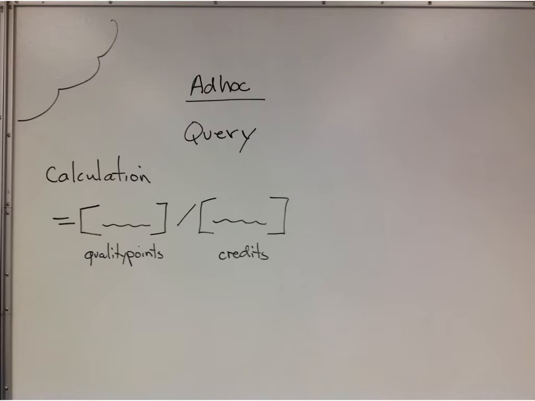In actually doing the databases, we did ad hoc queries in which we just found a piece of data just to get an answer. And then we started building queries that we stored. That makes sense? We actually saved them so we can go back to them later.